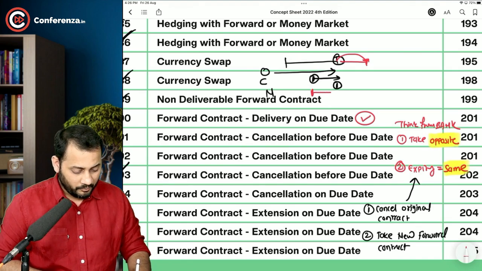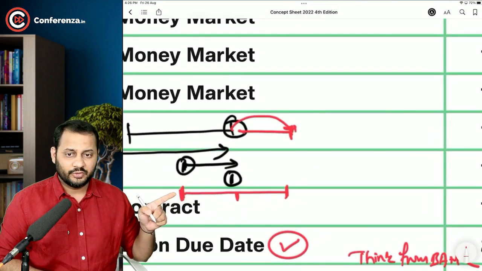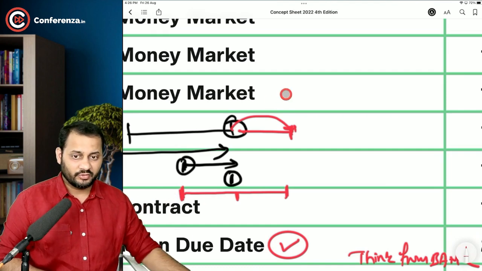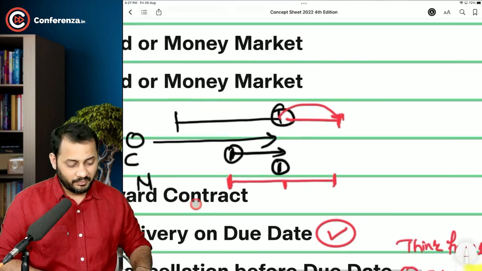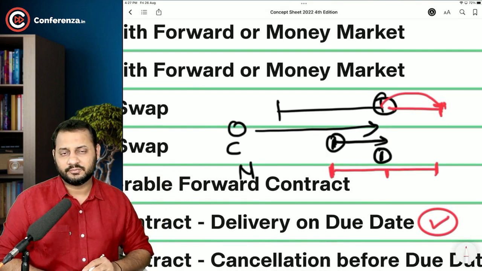You will have to buy a new forward contract for 2 months. You can see, if you are coming to the bank for extension on this date, which is 1 month before due date, you will have to take a new forward contract for 2 months, because from this point your desired delivery date is 2 months away. So you will sell a 2 month forward contract.